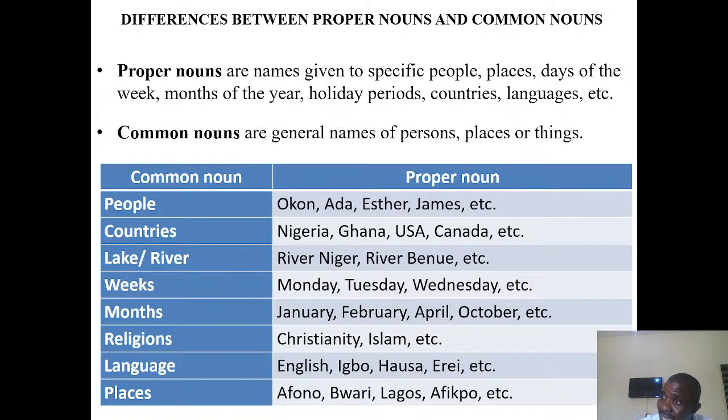You can write week in any place with a small letter, unless it begins a sentence. But the specific names of the days, which are proper nouns, can never be written with a small letter. Any place you want to write them, you write them using capital letters. The first letter must be written in capital letters.